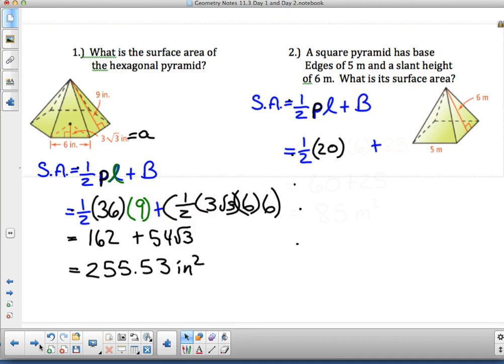L is 6. Big B is a square, which is 5 times 5, 25.